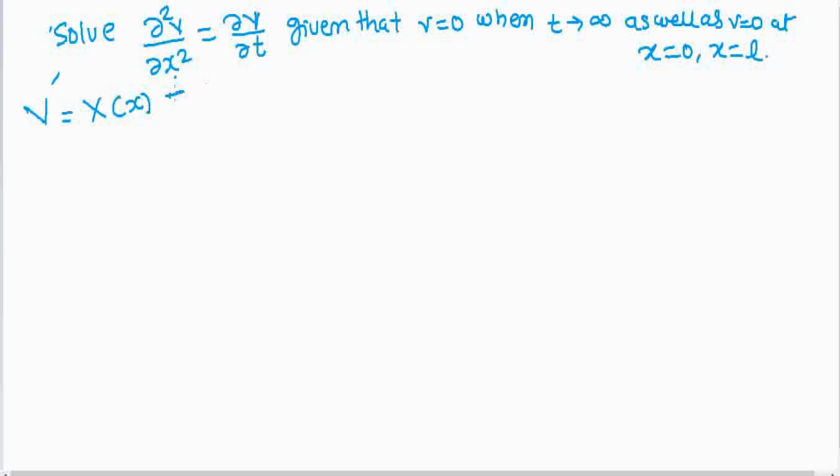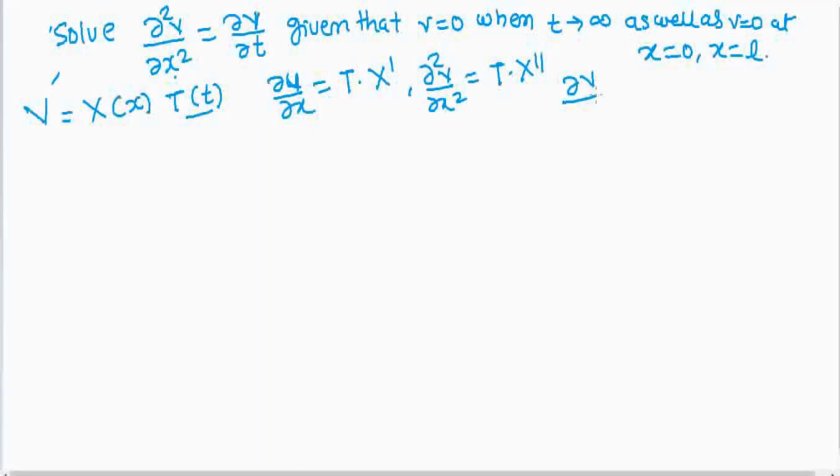Then del v by del x equal to T into X dash, since T is constant. Again del 2v by del x square equal to T into X double dash, and del v by del t equal to X into T dash, since X is constant.